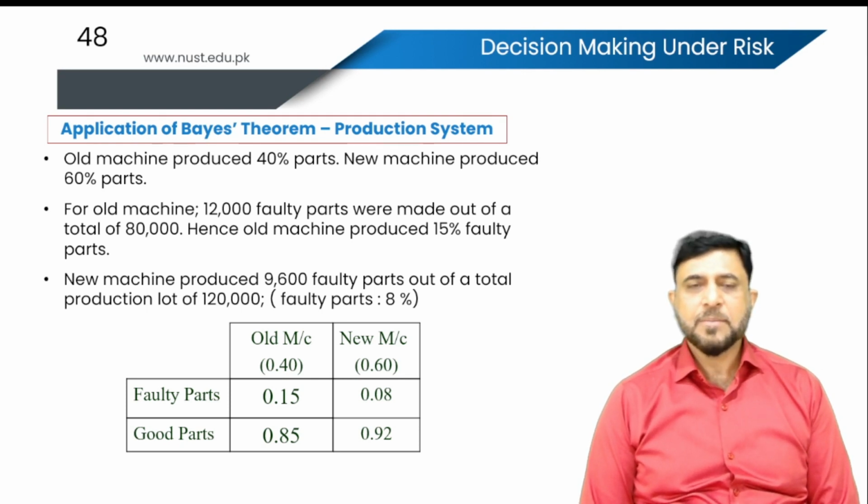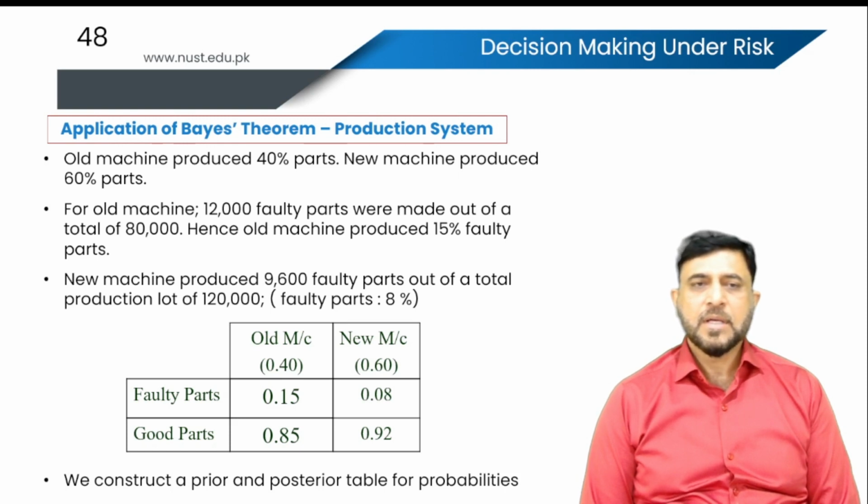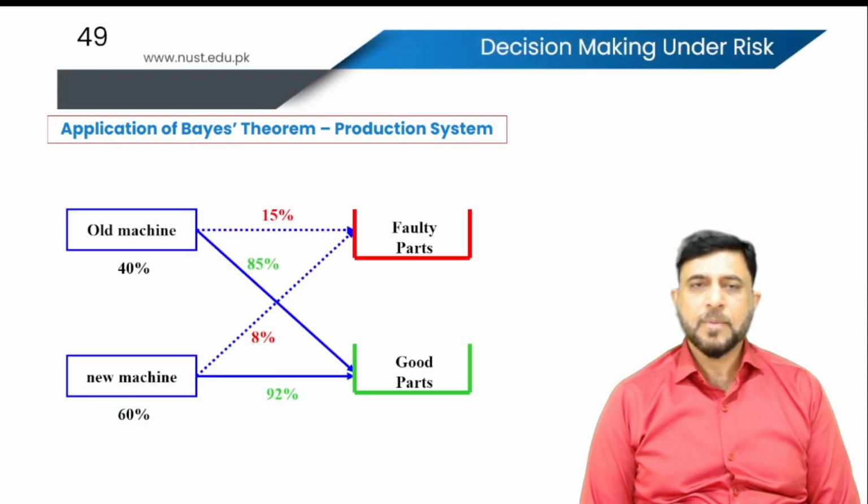Faulty parts, if machines are old, have a probability of 15%, and faulty parts, if machines are new, have a probability of 0.08. And good parts produced by the old machine have 0.85, and 0.92 for good parts produced by the new machine. This is the data given to us. So we construct a prior and posterior table for probabilities.